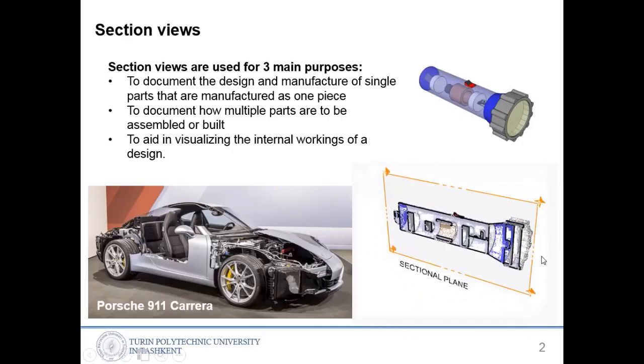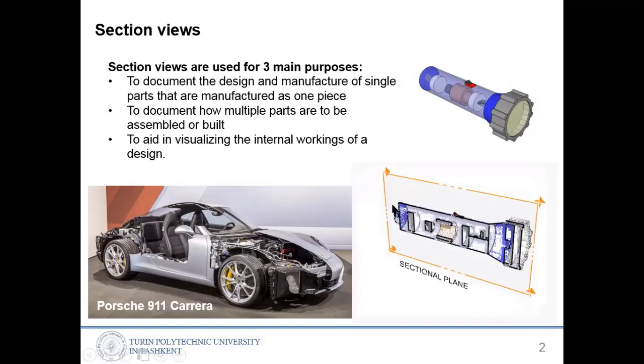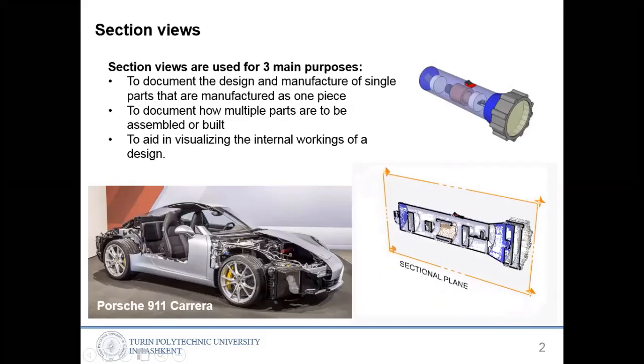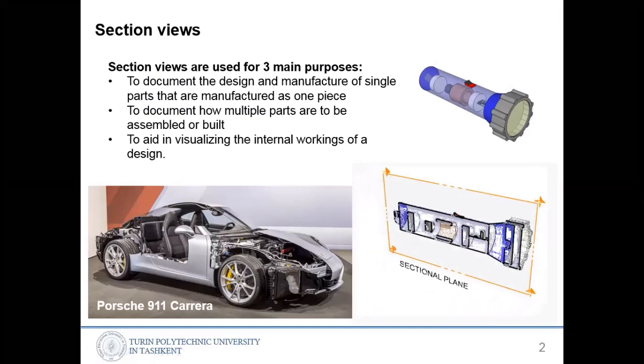It's a kind of section plane, cut using a sectional plane, making the section view. So you can see whether the inside components are connected or not. Connected components means a single part. If it's not connected or not a single structure, that means it is assembled, constructed from several pieces.